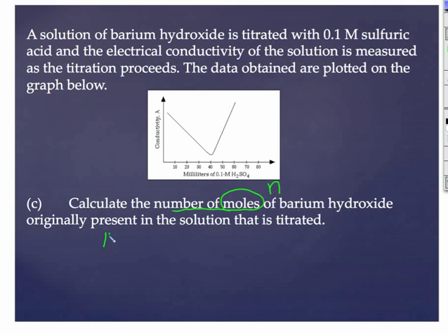Well, at the equivalence point, my number of moles of my barium hydroxide should equal my number of moles of H2SO4. That's the definition of equivalence point.